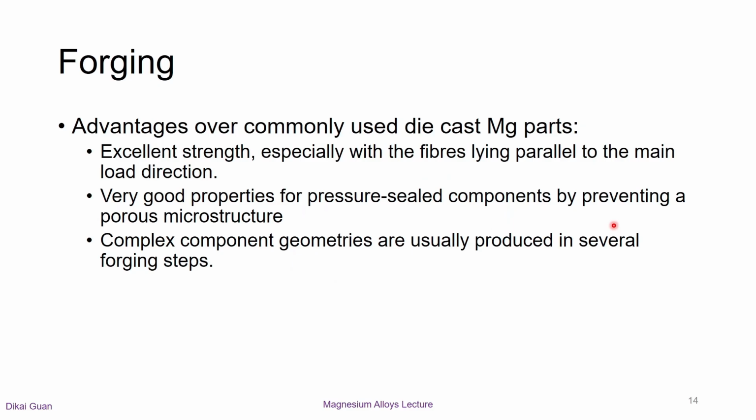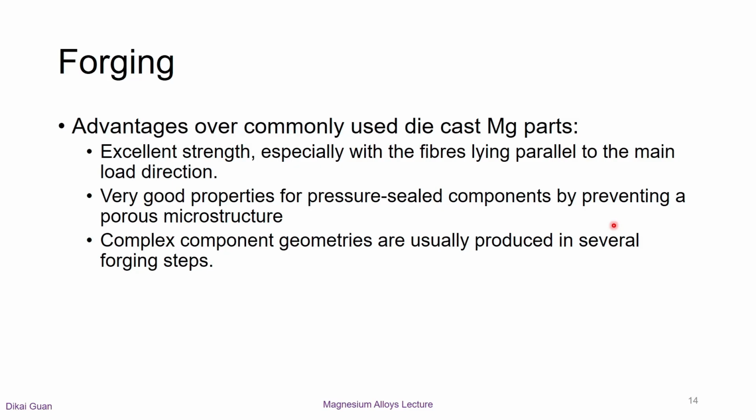Commercial extrusion alloys like AZ and ZK series alloys can also be forged into highly integrated components using hydraulic presses or slow action mechanical presses. Forging is normally done within 55 Celsius degrees of the solidus temperature of the alloy. There are several advantages over commonly used die-cast magnesium parts.